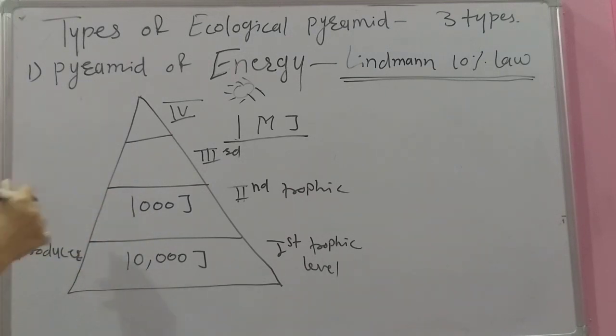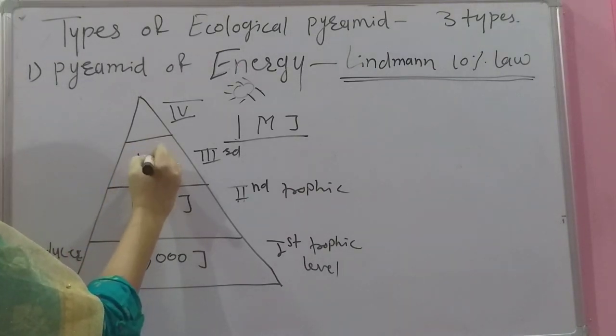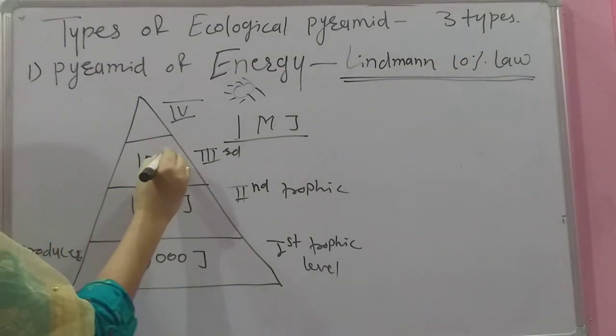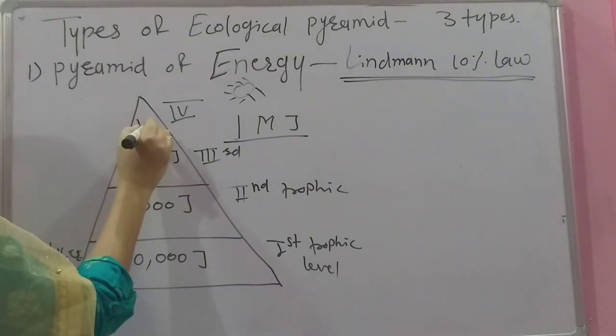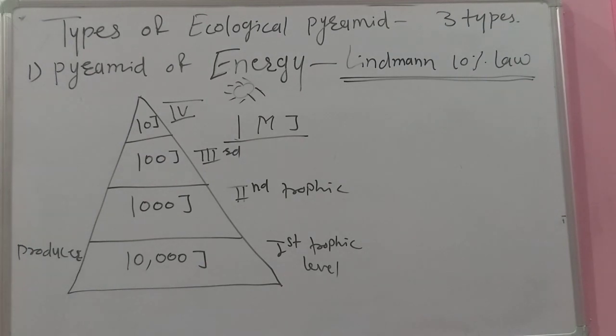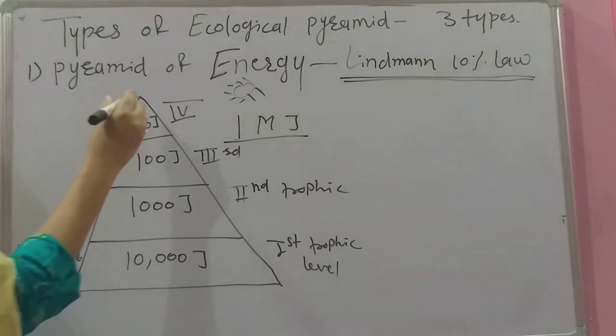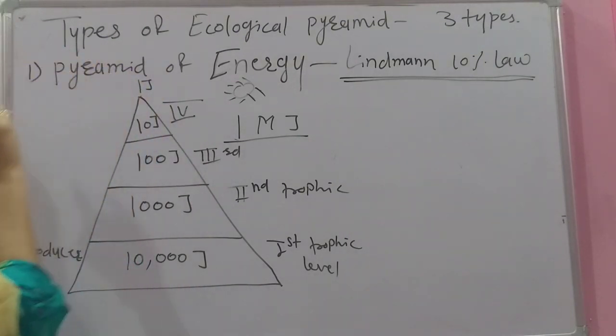Then from the second trophic level to the third trophic level, only 100 Joule of energy is transferred. Then only 10 Joule is transferred to the fourth trophic level, and then to the next trophic level only 1 Joule is transferred, and this 1 Joule is very negligible energy.